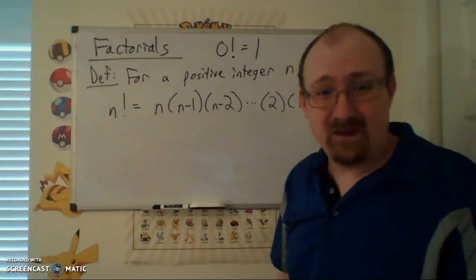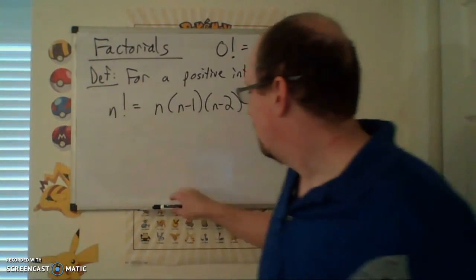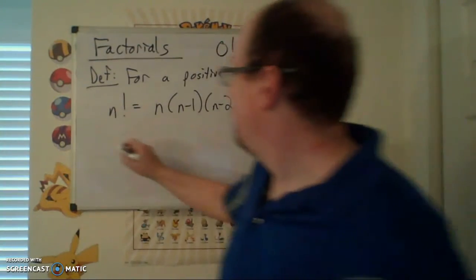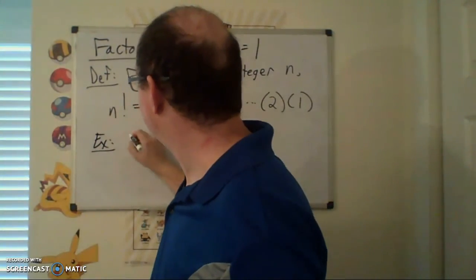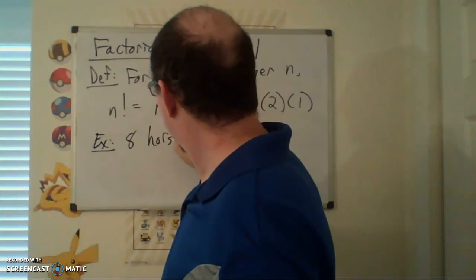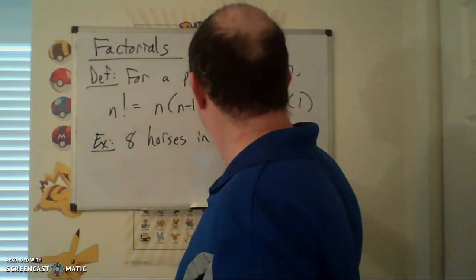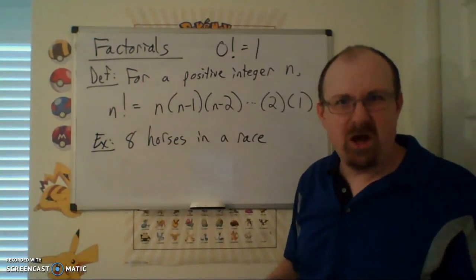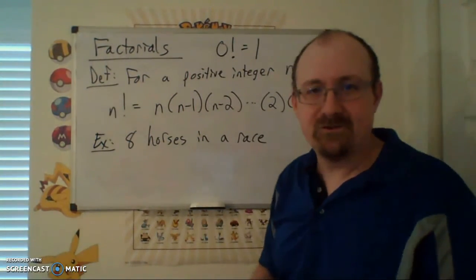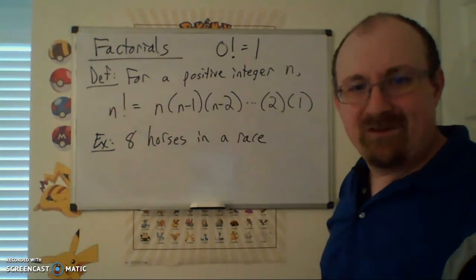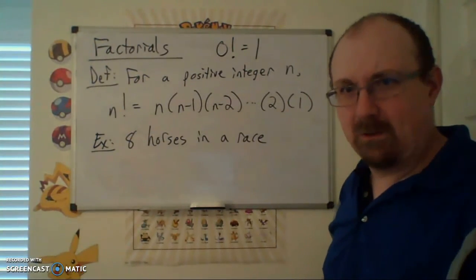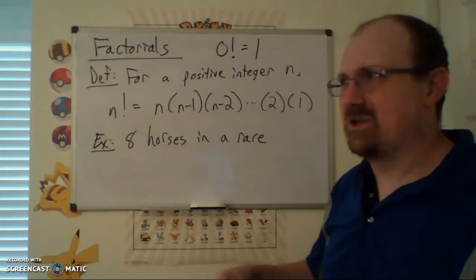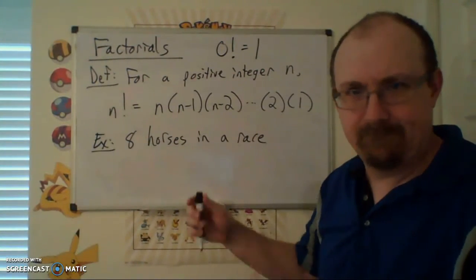Generally I don't expect you to work out these factorials by hand. All right. So I had one last example I want to take a look at. I'm not really a horse racing aficionado, but it works out well for an example of this stuff in action. So imagine we've got 8 horses in a race, and we want to know how many different ways the horses could cross the finish line, assuming there aren't any ties.